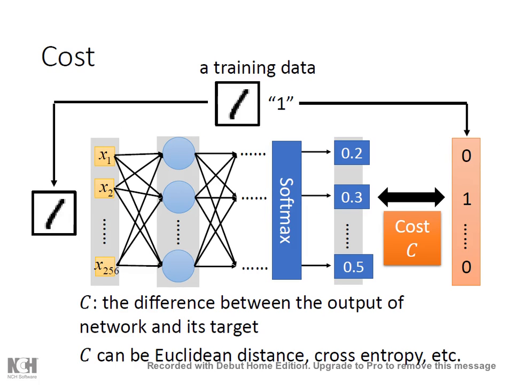You have to start from here, from your output, to correct the weight matrix here. Then after you adjust this, you next adjust this one to adjust the weight matrix here. We call this special process back propagation.